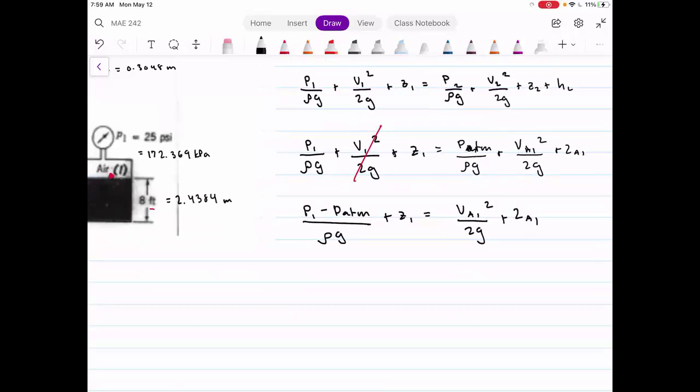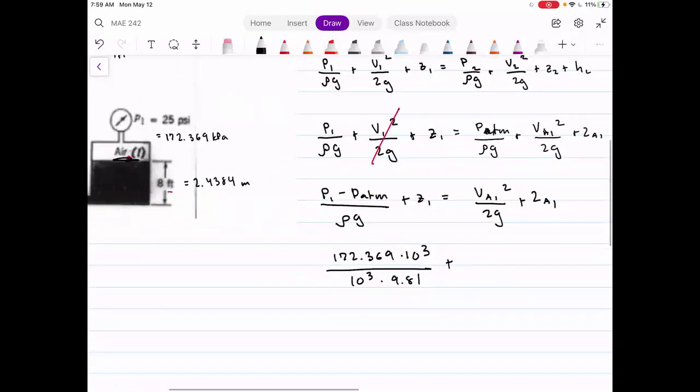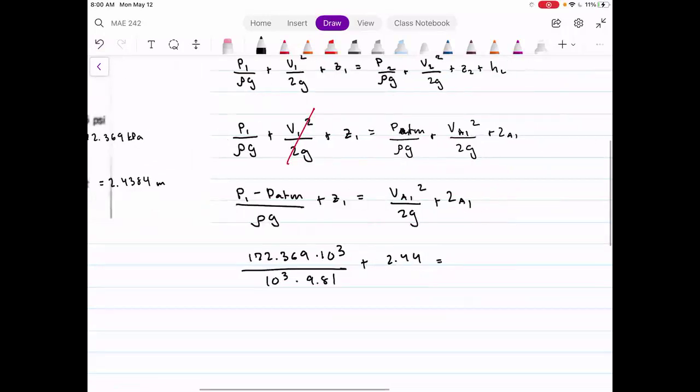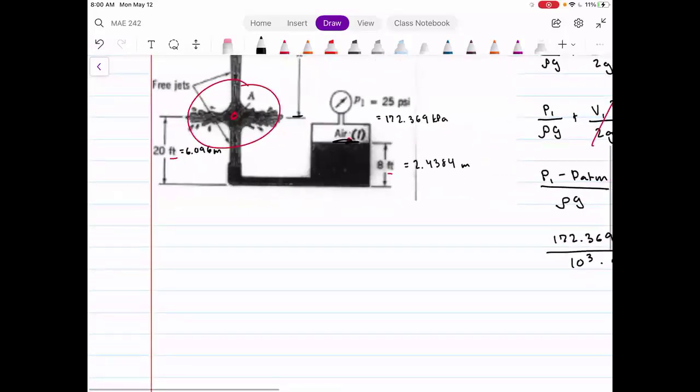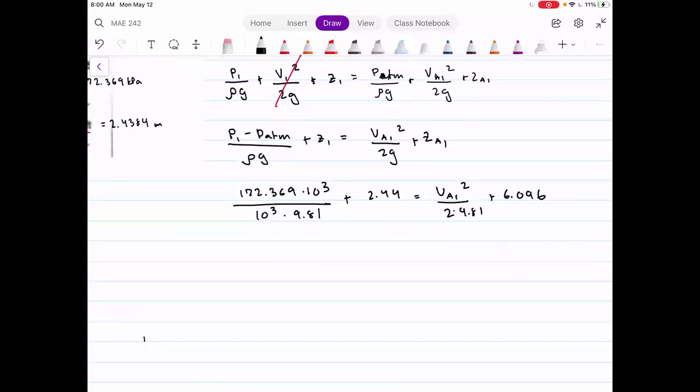So this right here is going to be the gauge pressure in the numerator, so 172.369 times 10 to the third over rho, which is 10 to the third, times 9.81, plus Z1, which is the height to the top of tank 1, so 2.44 meters, is going to be equal to VA1, which we don't know as of yet, squared over 2 times 9.81 plus ZA1, which we are given as 6.096. And now that we have this set up, we can see this will cancel out.